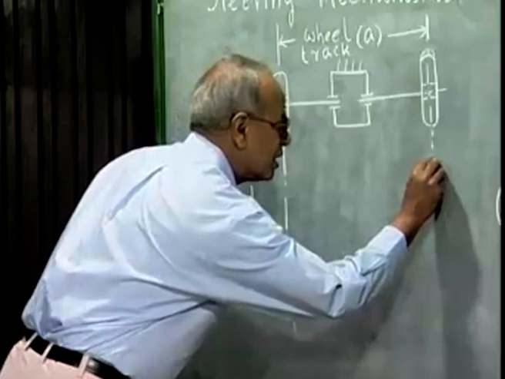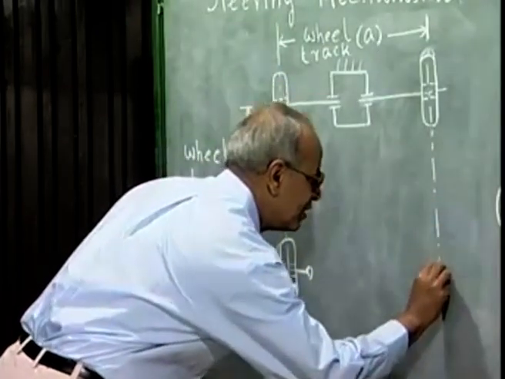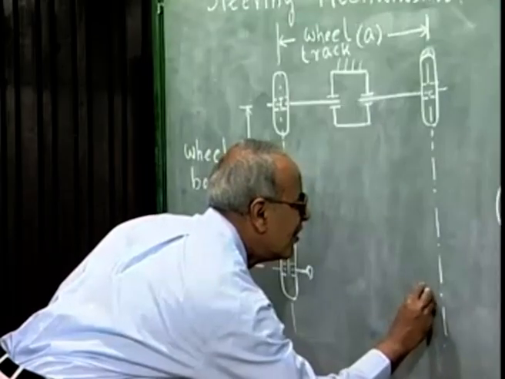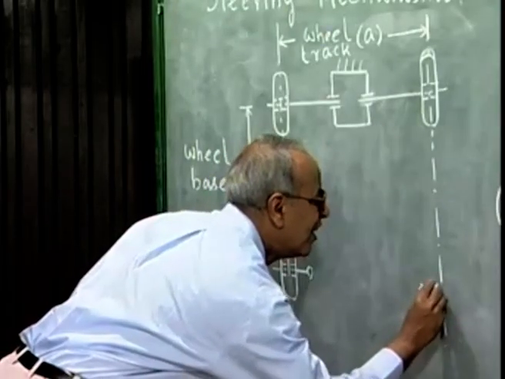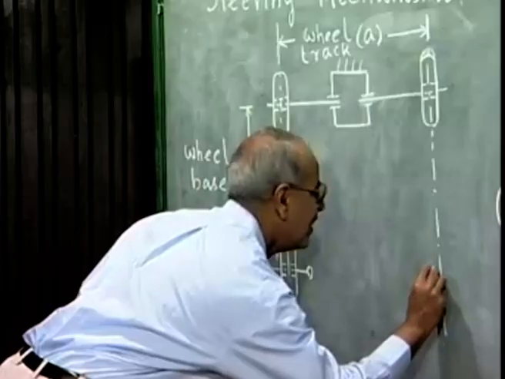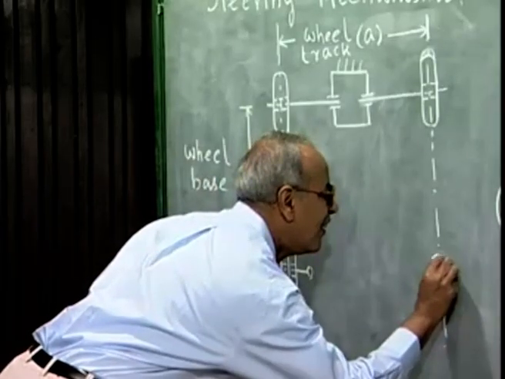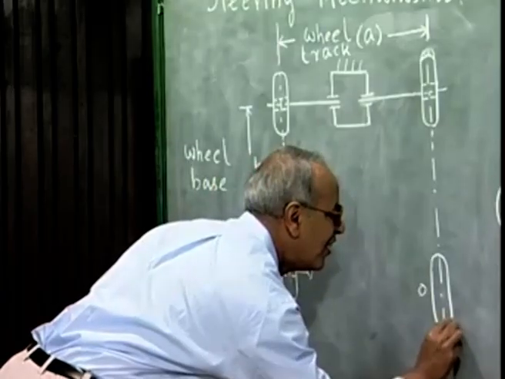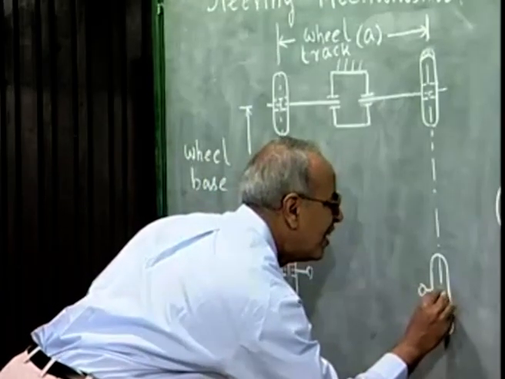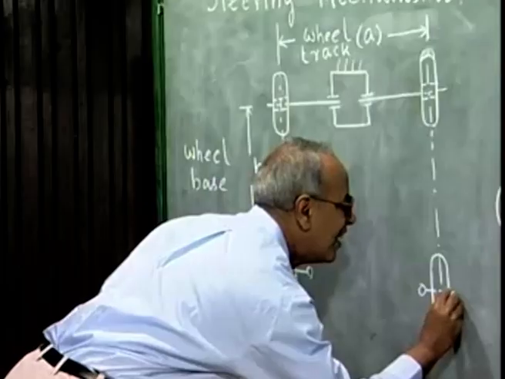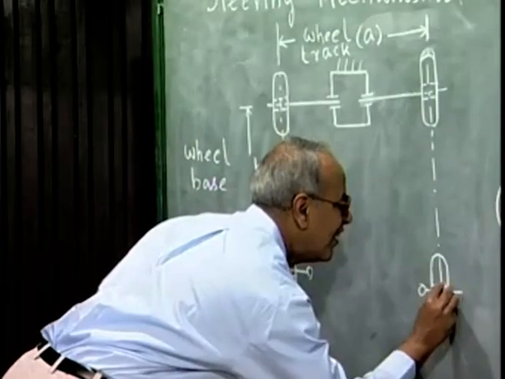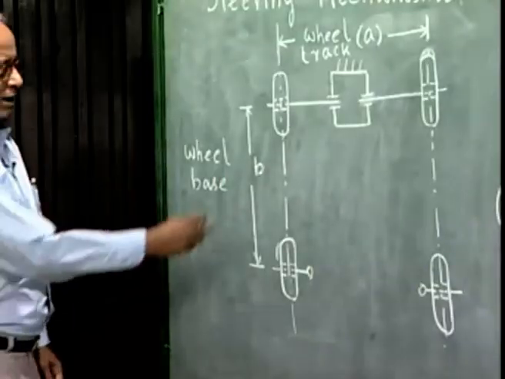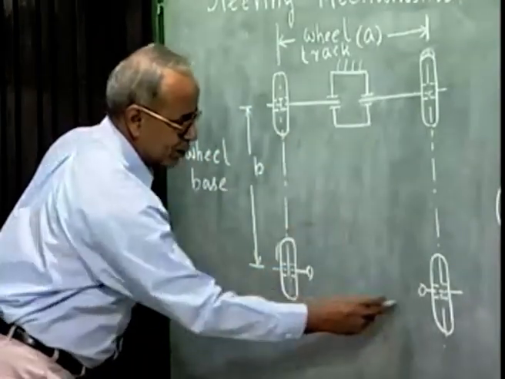Similarly, there is another front wheel. So these are the two rear wheels, these are the two front wheels.